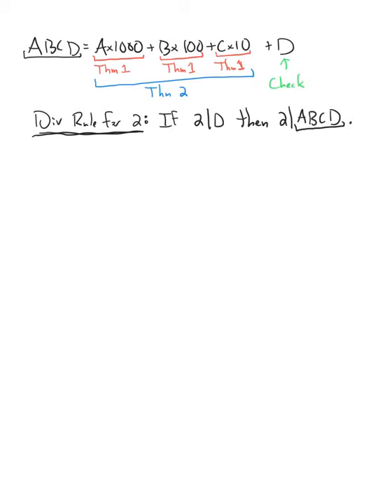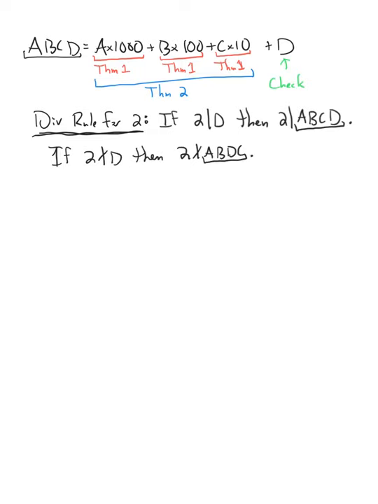We just need to check that last digit. And it works the other way as well. If 2 isn't a factor of D, then 2 isn't a factor of A, B, C, D, that 4-digit number.